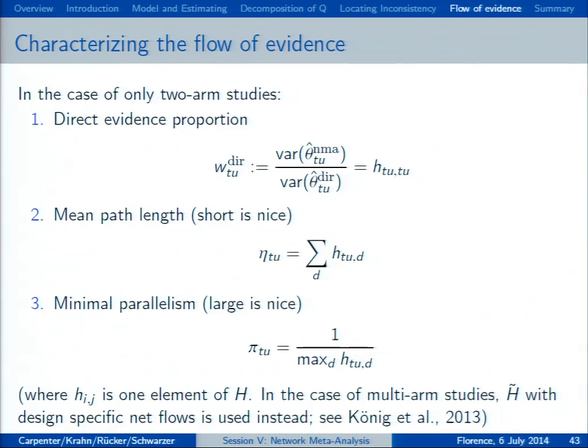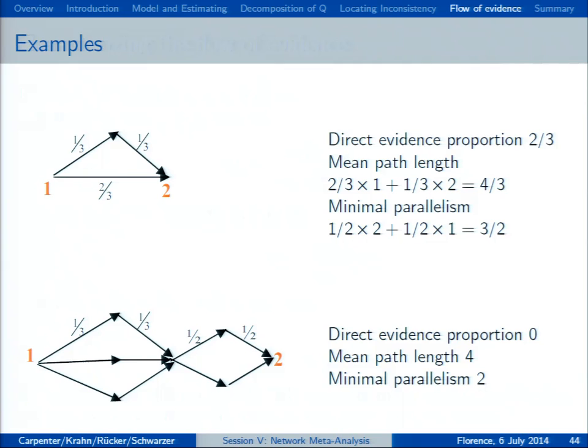And it would be nice for a network estimate to have other network paths that calculate the same estimate. So it's interesting for a network estimate how much parallelism of network paths there is for this estimation. In König et al., we find these 3 definitions of measures for characterizing the flow of evidence.